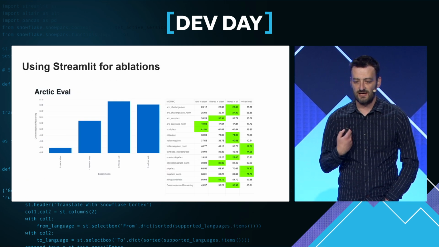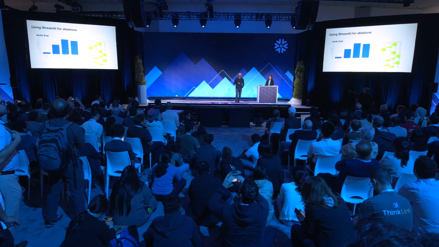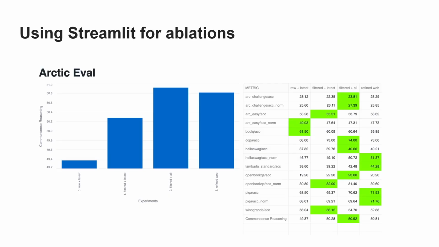One thing that we used extensively during all this process was Streamlit. Here's actually an evaluation dashboard that the team has been using. This shows one ablation that the team has been running. We run many hundreds of ablations along the way. And the way this process works is you have your annotation signals and you apply a certain configuration of thresholds across all your annotation signals.